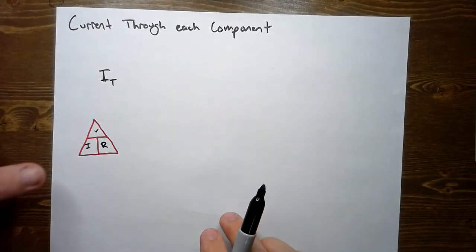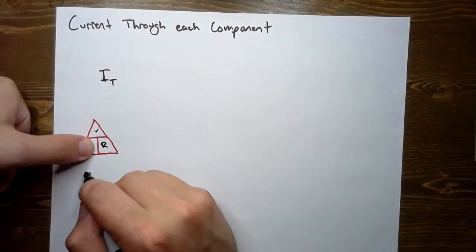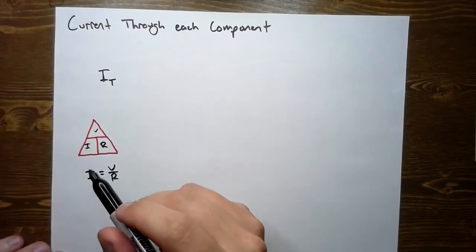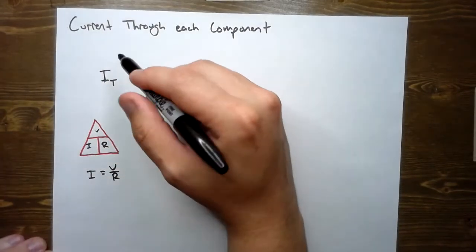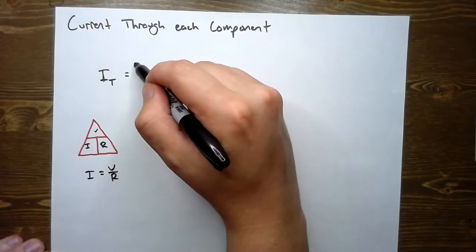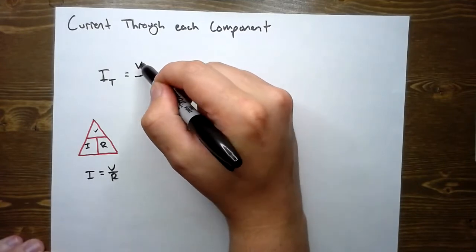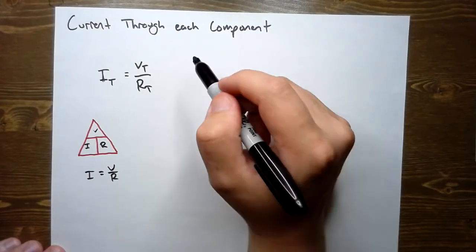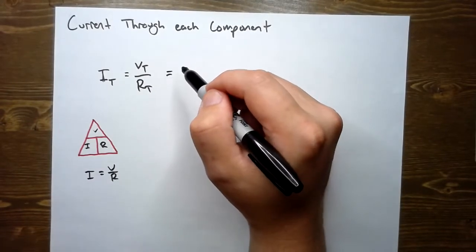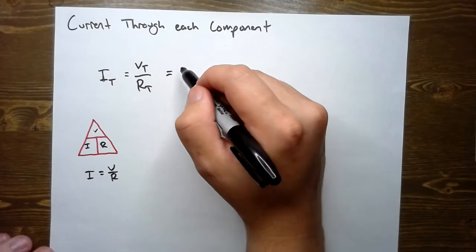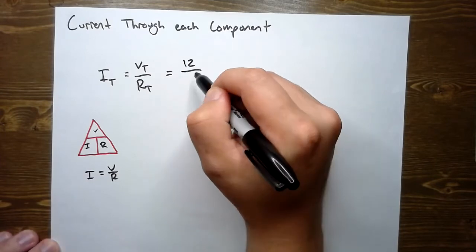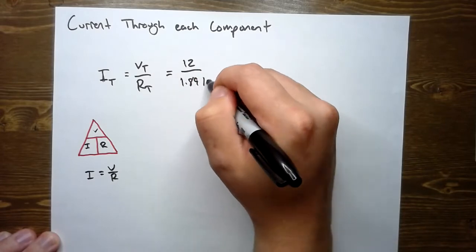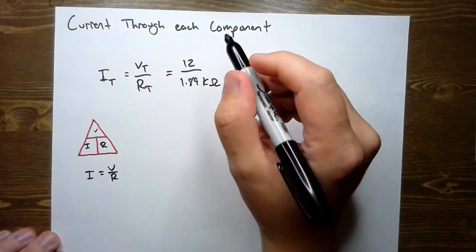If I'm looking for I, I cover that, and we get I is equal to V over R. So now we know the equation, and we can go back up here. Our IT is going to be equal to our VT, voltage total, over our RT, resistance total, which we just calculated. Our voltage total is 12 from our example, and the RT was 1.89 kilo ohms.